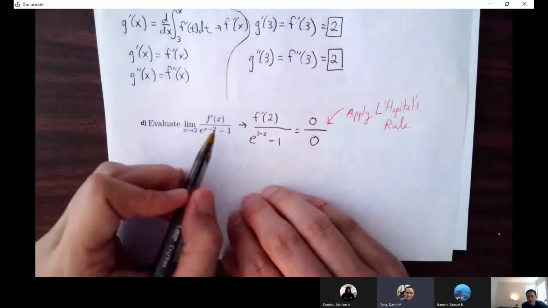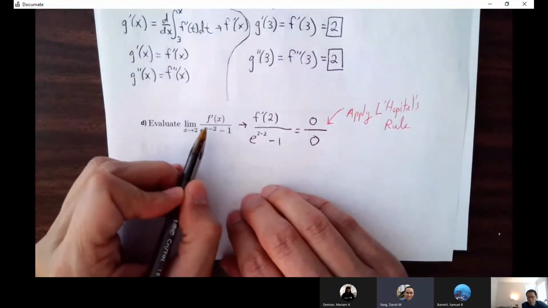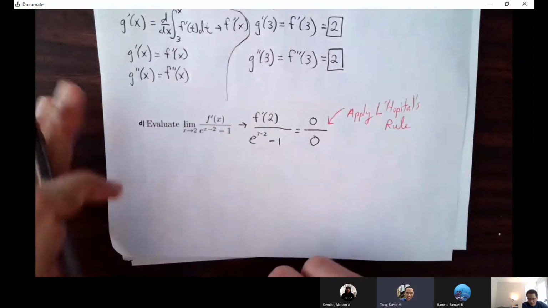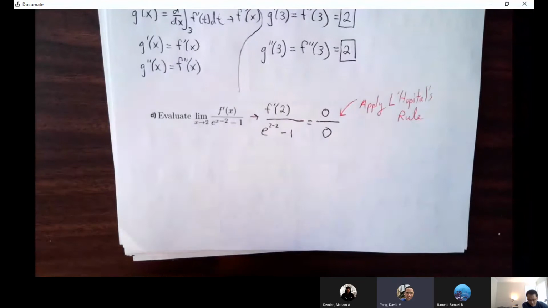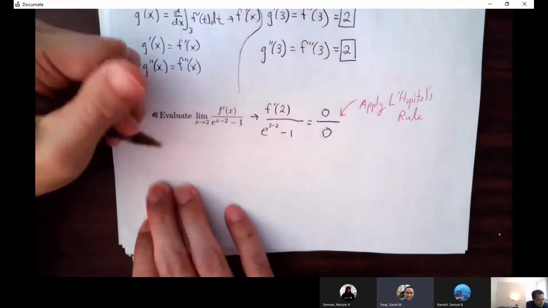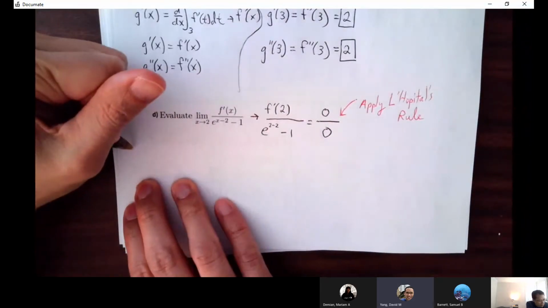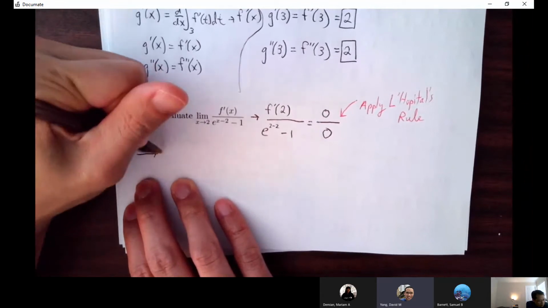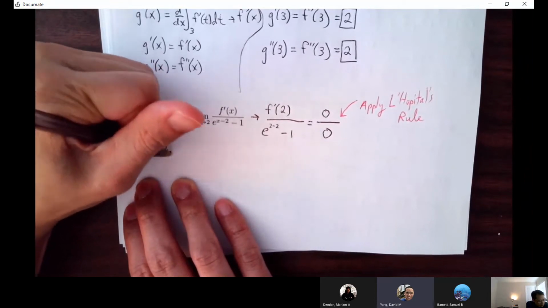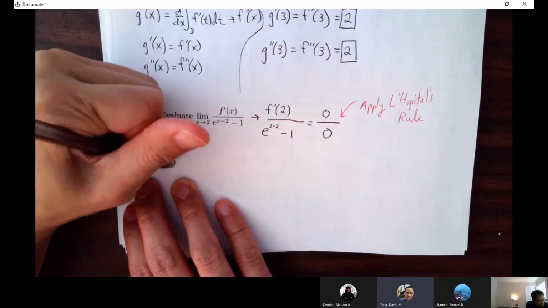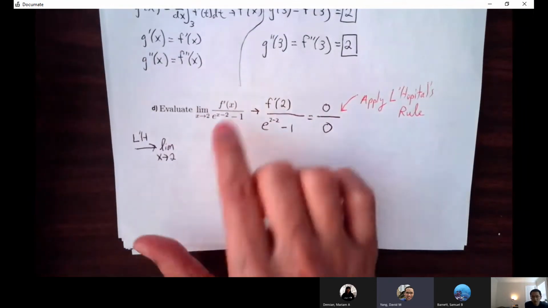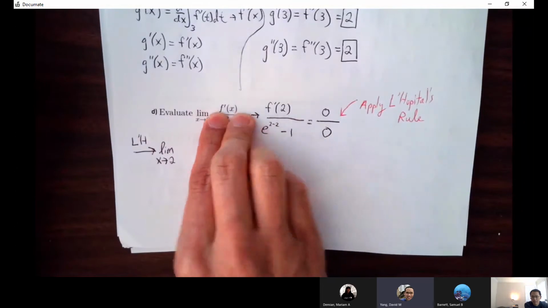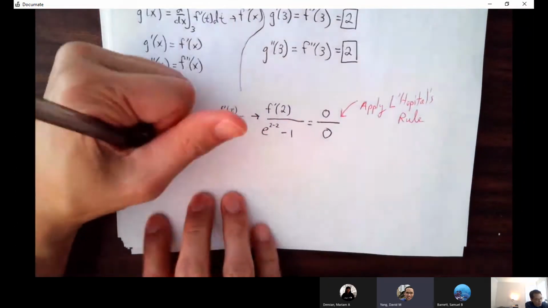L'Hopital's rule says I can find the derivative of the numerator, take the derivative of the denominator, and then I can reevaluate the results. So let's find the derivative of each of the numerator versus denominator. Numerator, f prime: if I want to find the derivative of f prime, that's going to push it down to f double prime.